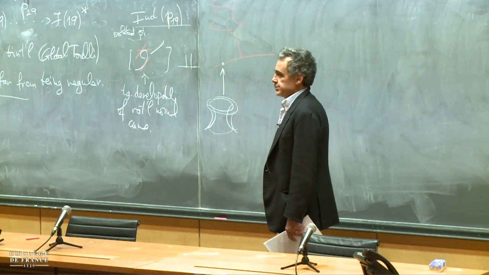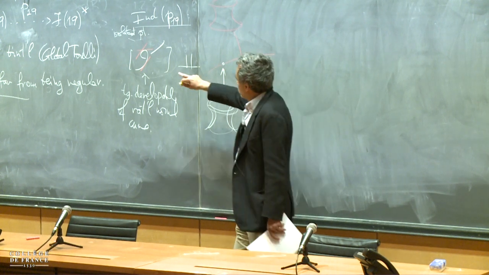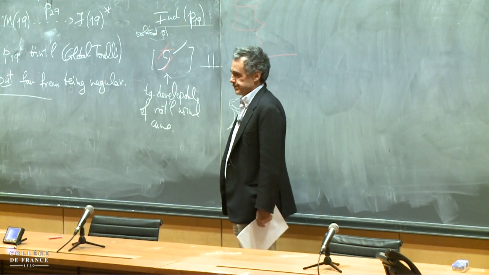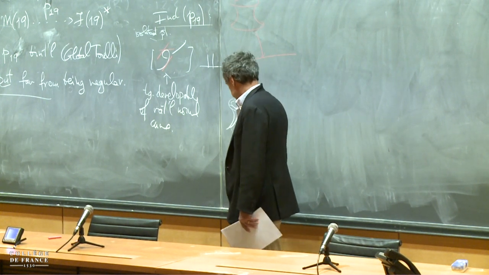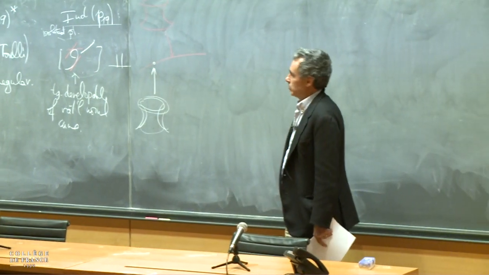Yes, you can apply a result of Luna. The stabilizer is, as Radu said, if you apply a highly non-trivial result of Luna, you'll see that it is. You'll see also that it has closed orbit in the semi-stable locus.